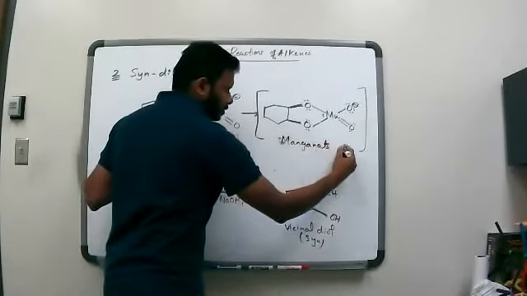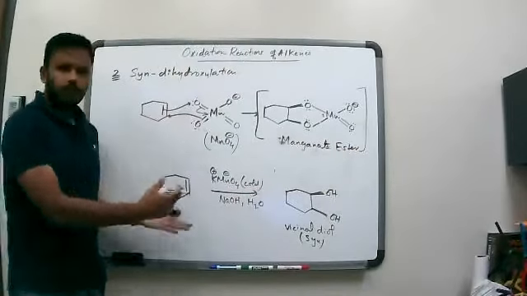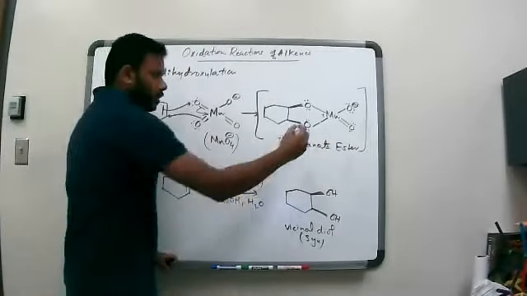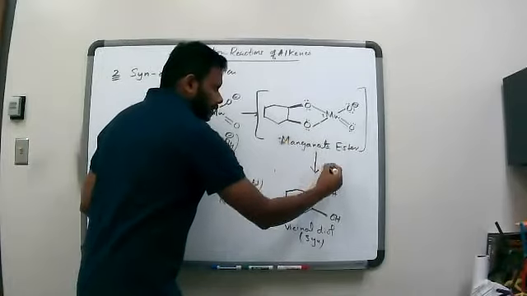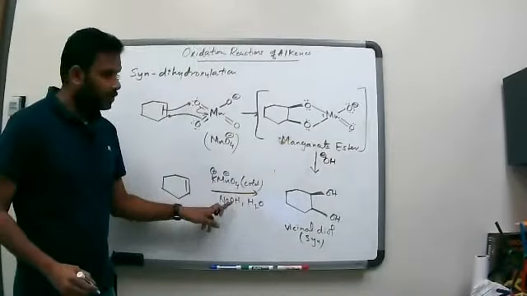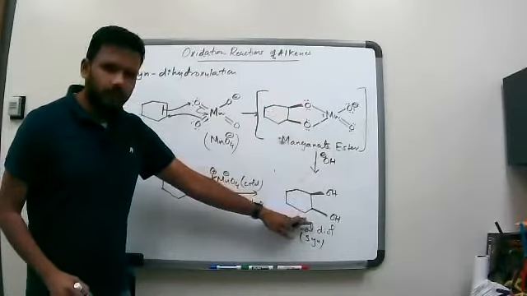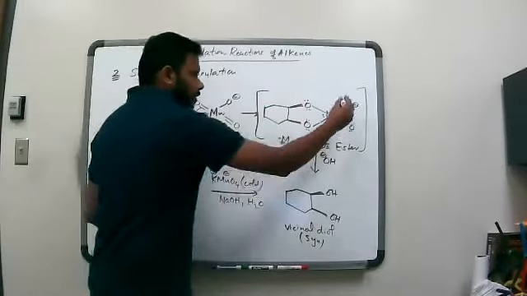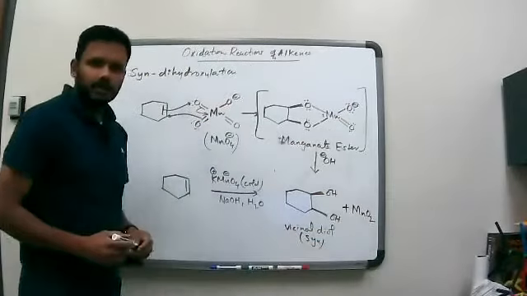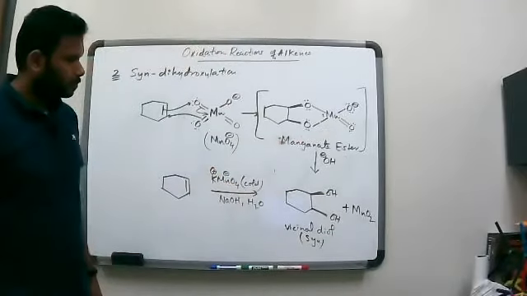Again, you don't have to memorize these names, but I'm just showing you what the mechanism looks like. This manganate ester under basic conditions, that's why we need the base, gives us the syn diol, and the manganese part of it actually becomes manganese dioxide, MnO2.